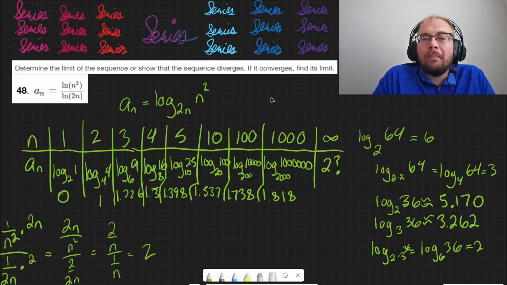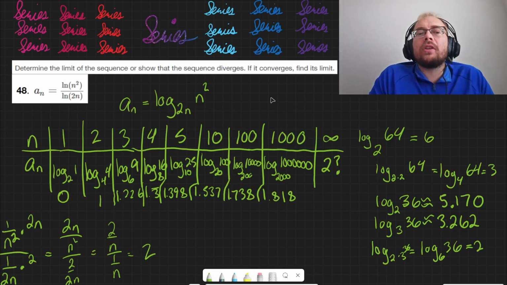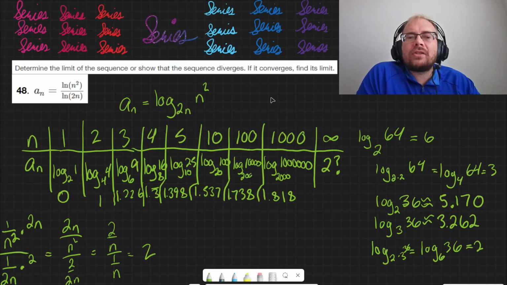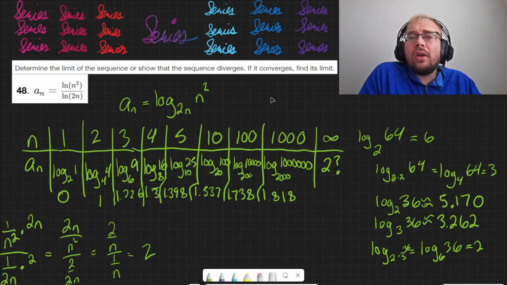I think most of your values are going to be irrational numbers, but it looks like 1 is 0, 2 is 1, and when n is 4, you have 1.3 repeating, so that's a rational number. The other ones, I'm not really sure if they were rational or irrational. It didn't look like there was a repeat in the decimal, but I could be wrong on that. Anyways, they're crazy decimals, but you do get closer to 2 as you go to bigger and bigger numbers.